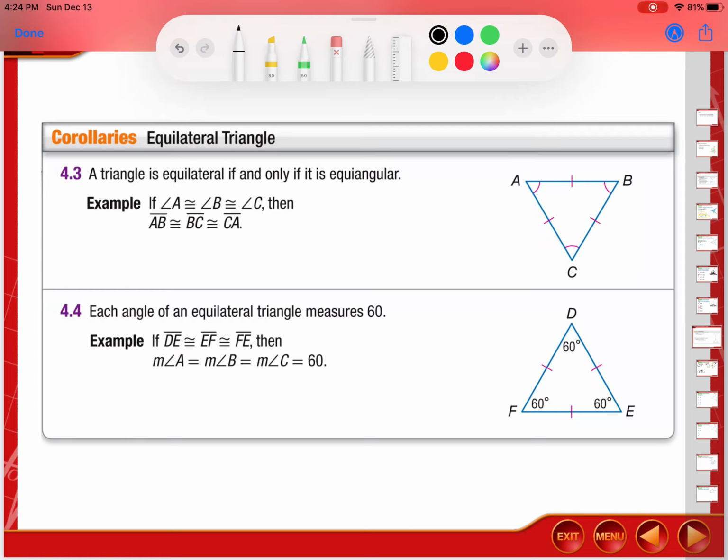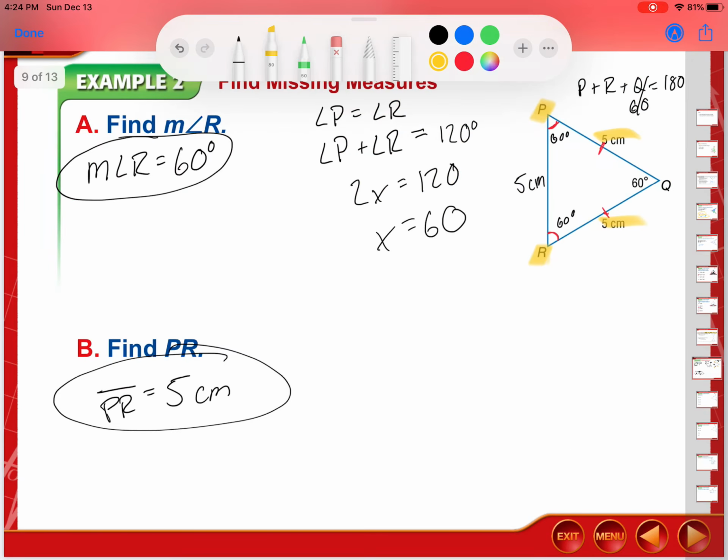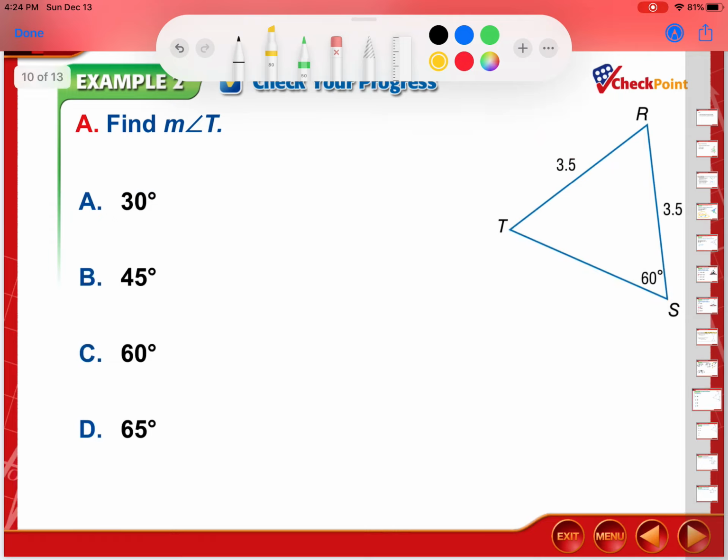Then I would also make sure these equilateral triangles are in my notes as well. If it was a proof, you would just say definition of equilateral triangle. We'll just write that there for your own note-taking purposes.